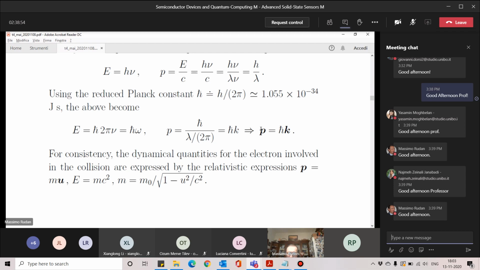So we have that p as a vector is equal to h bar times k. You see, this is exactly the same expression that we have been using for electrons in a crystal, where p is the average momentum. Here it is just the momentum of the photon.